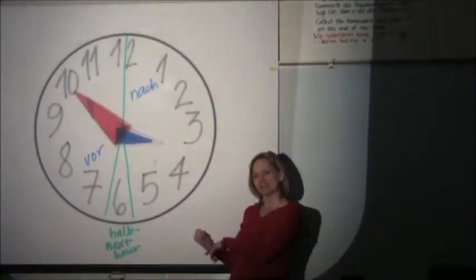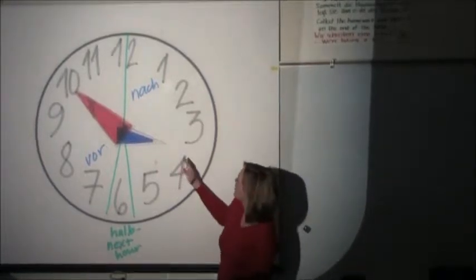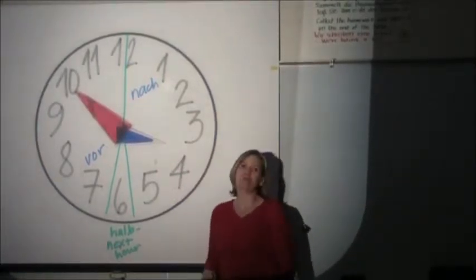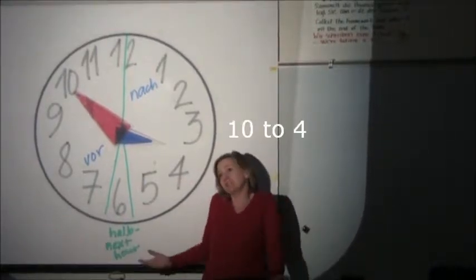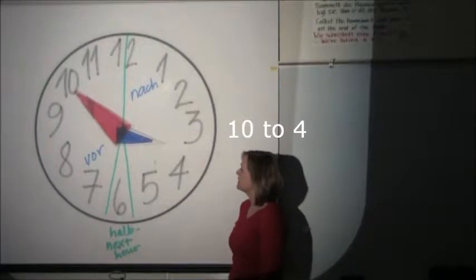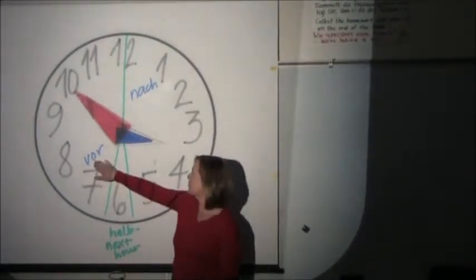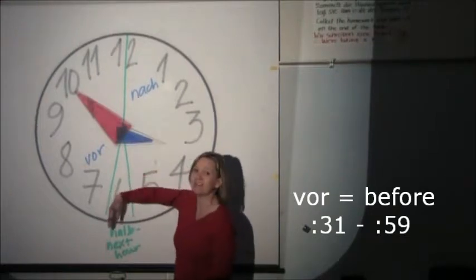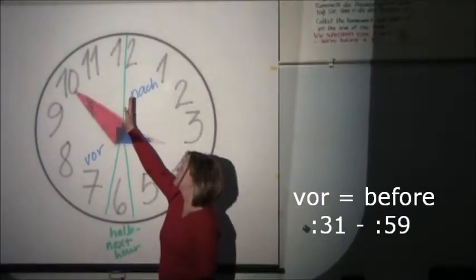We handle the other side of the clock the same way. Now in English, if it were 3:50, I wouldn't want to say that. That's not fun to say. I would just say 10 to 4. It's 10 to 4. In German, we say that it's 10 before 4. The word vor is what we use from anything that happens from minute 31 up until 59.